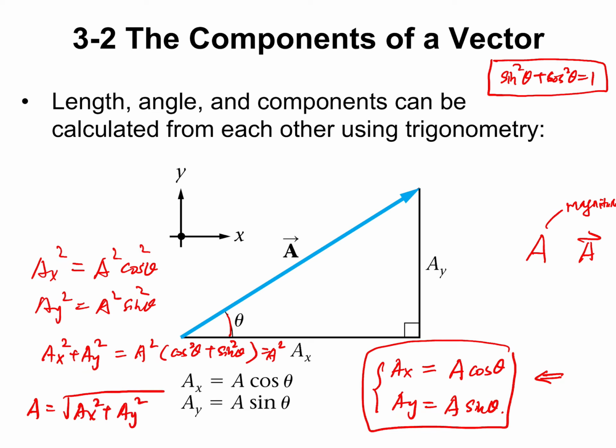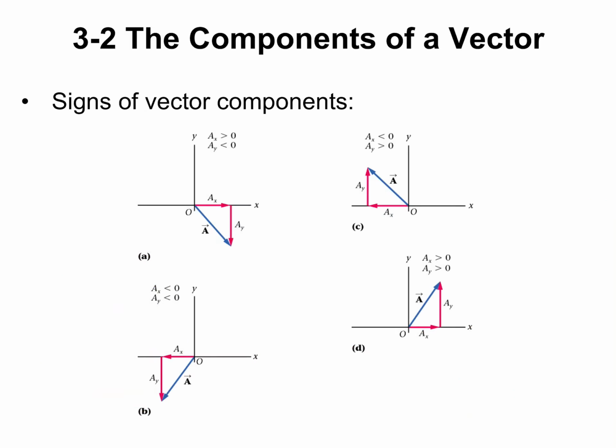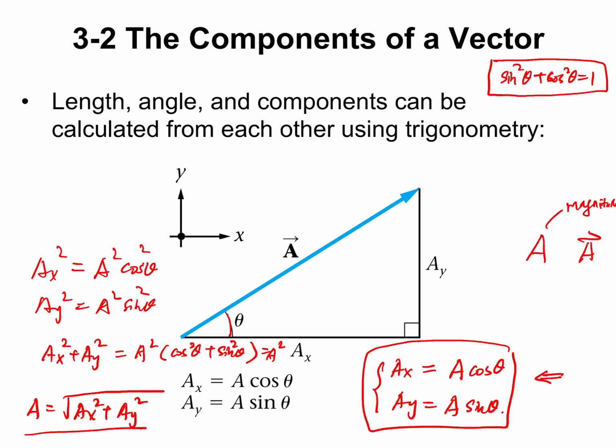So if I give you components, you should be able to know the magnitude of the vector and also its direction. So what is the direction? From this right triangle, we know tangent theta equals Ay over Ax.